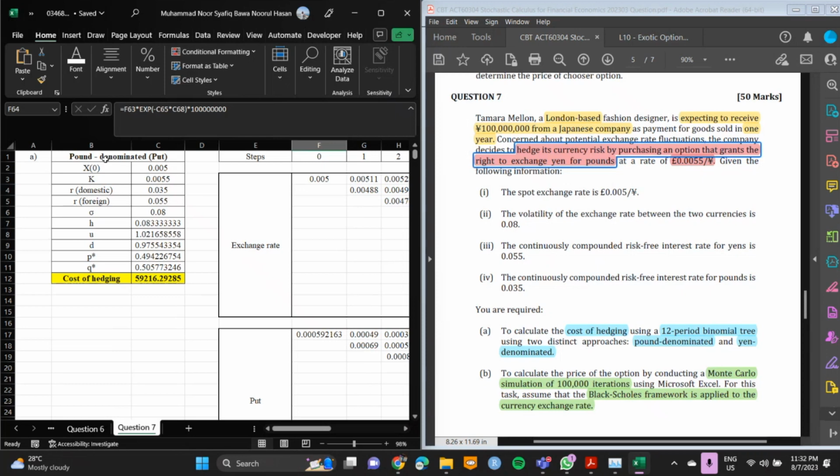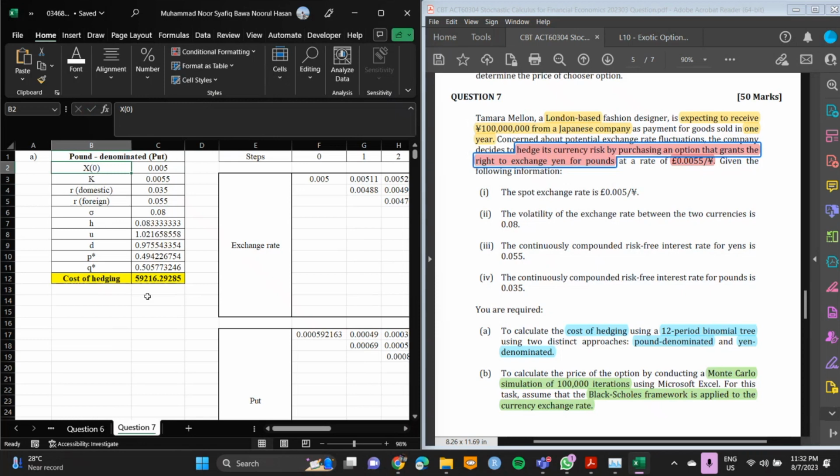Since the domestic is the pound, I must sell the yen in order to exchange for pounds. This selling activity is the right to sell, so we use the put option to find the pound denominated.